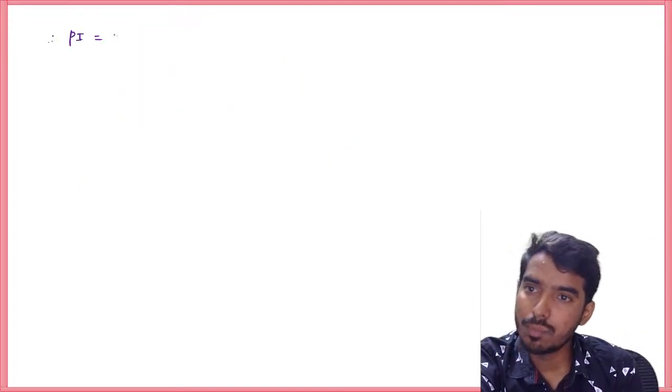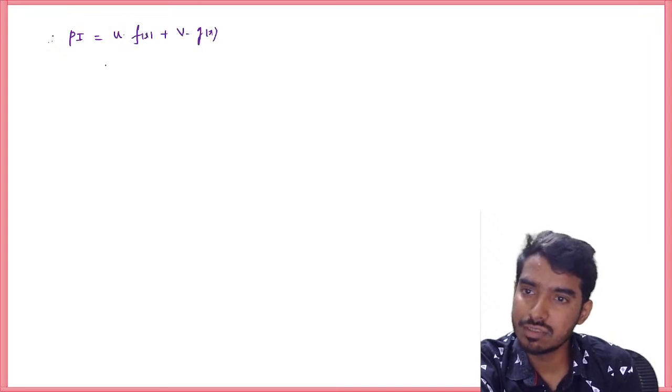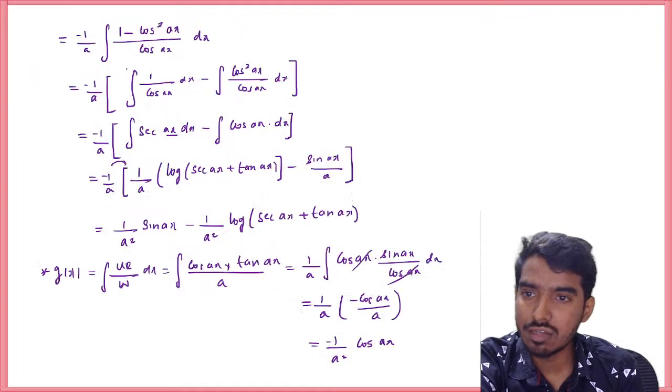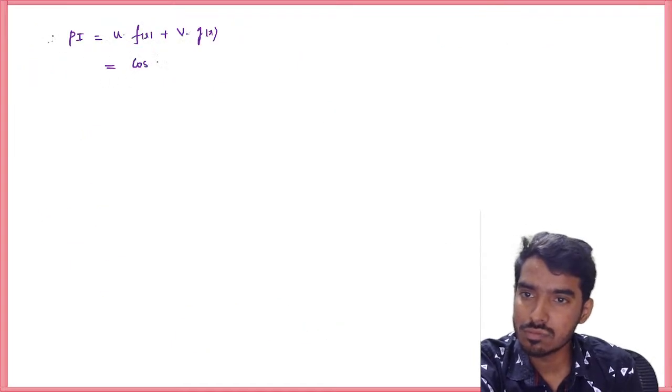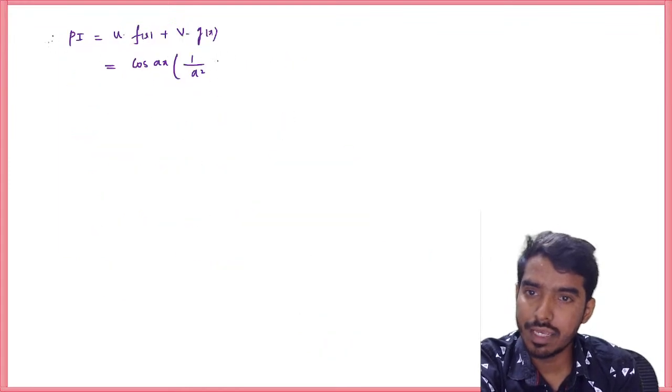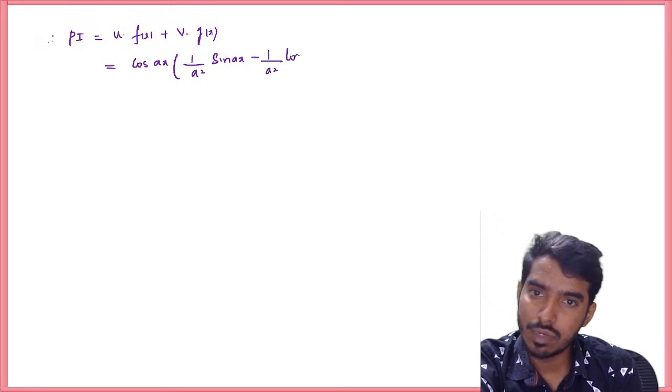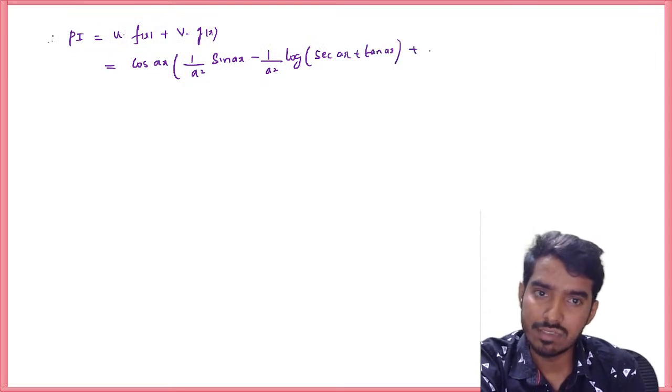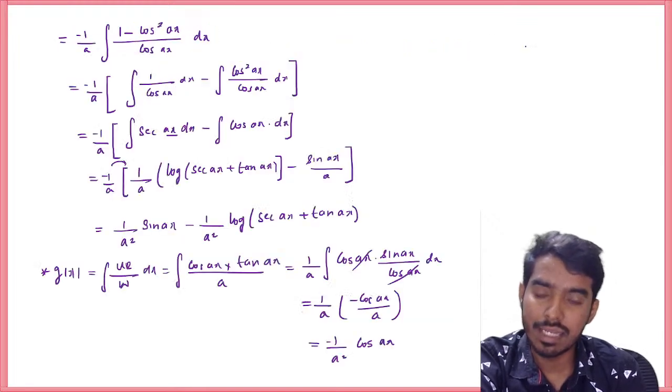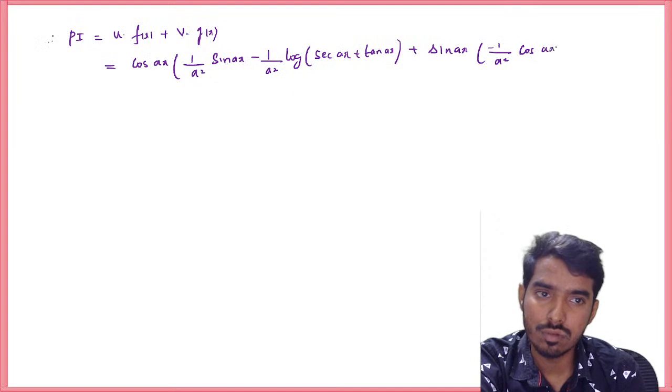Therefore, your PI is u into f of x plus v into g of x. What is u? U is cos ax. F of x is 1 by a square sin ax minus 1 by a square log of secant ax plus tan ax, plus v is sin ax into g of x, which is minus 1 by a square cos ax.